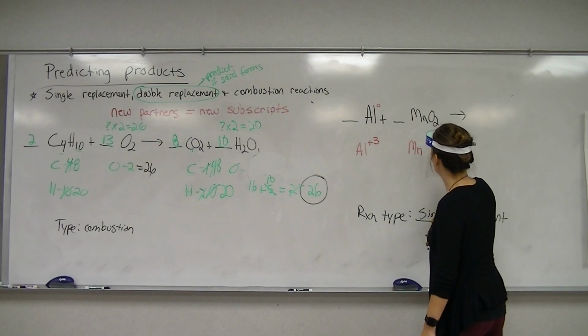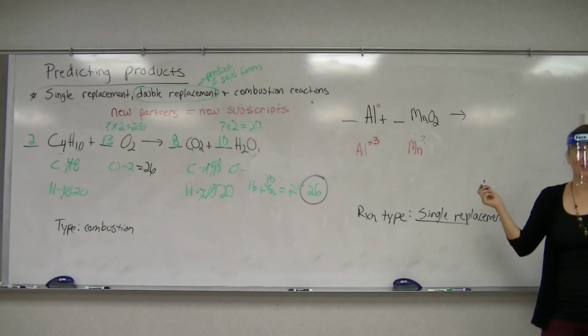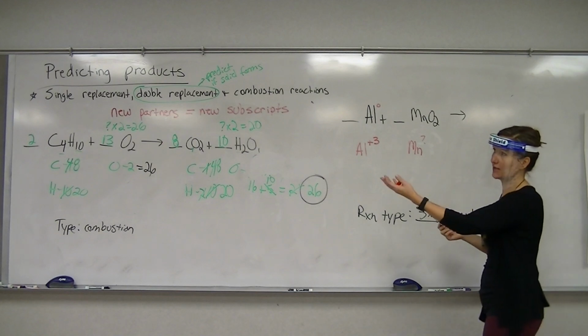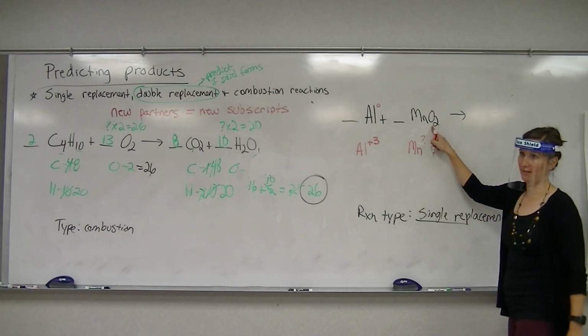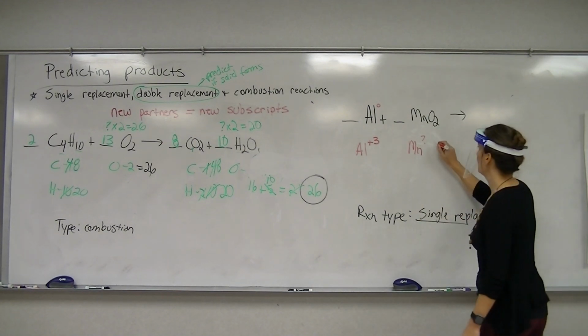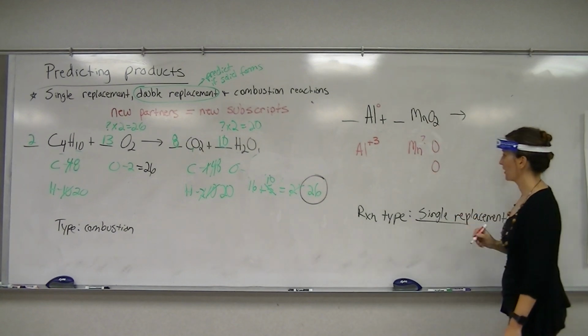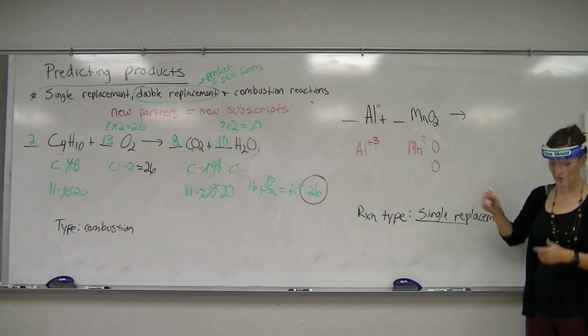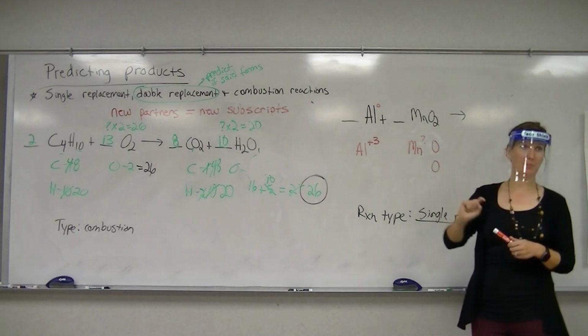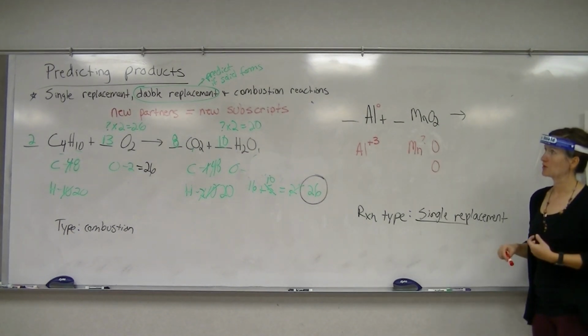So we need to figure out the charges. Manganese, it's a question mark. We don't know. It's a transition metal. We use its partner to figure out what its charge should be. So we have oxygen, but notice we have 2 of them. And so we need to figure out the charge on oxygen based off where it is on the periodic table. So it's in group 16.